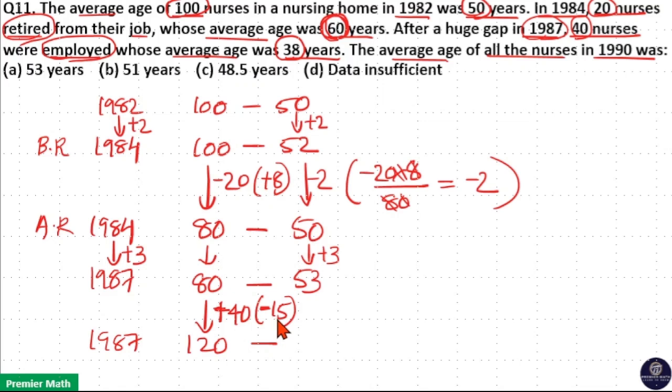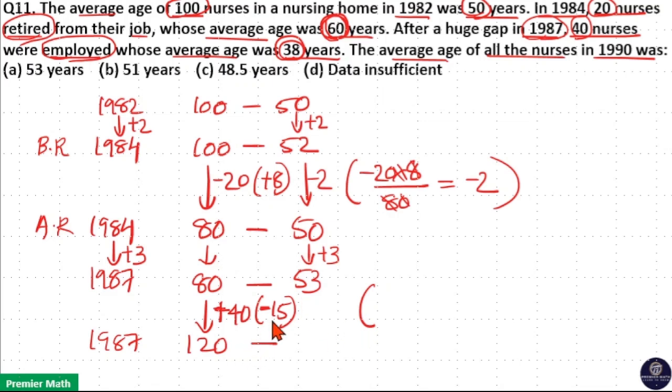And this 40 into minus 15, that is 600, should be distributed to the total number of people, 120. There is a decrease in average because the average age of the new employees is 38, which is less than the previous average 53.